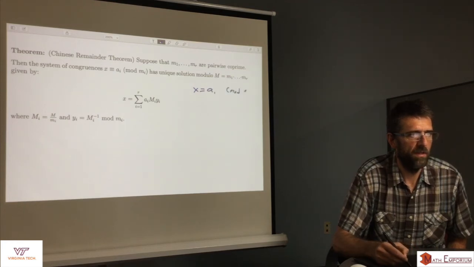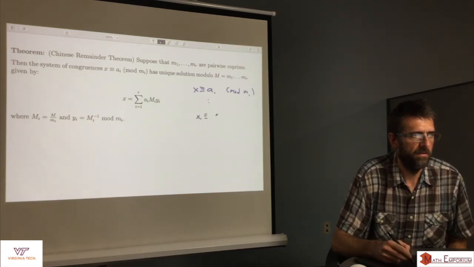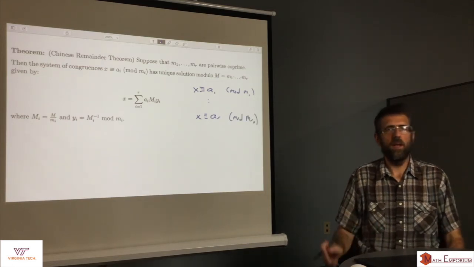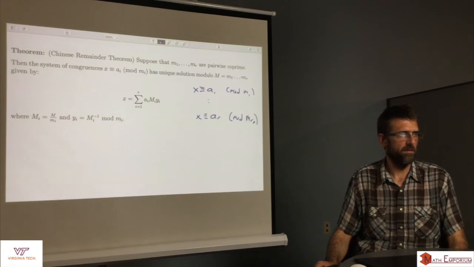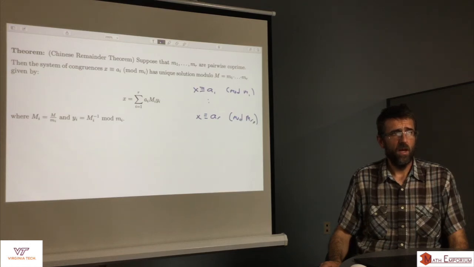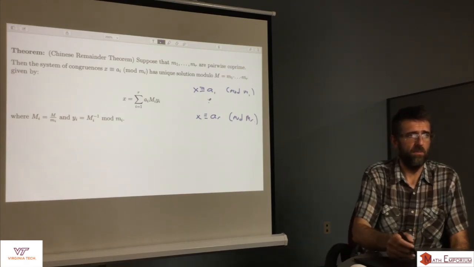So x congruent to a sub 1 mod m sub 1, up through x congruent to a sub r mod m sub r. This will actually have a solution, and that solution will be unique modulo big M, where big M is the product of all these individual moduli.